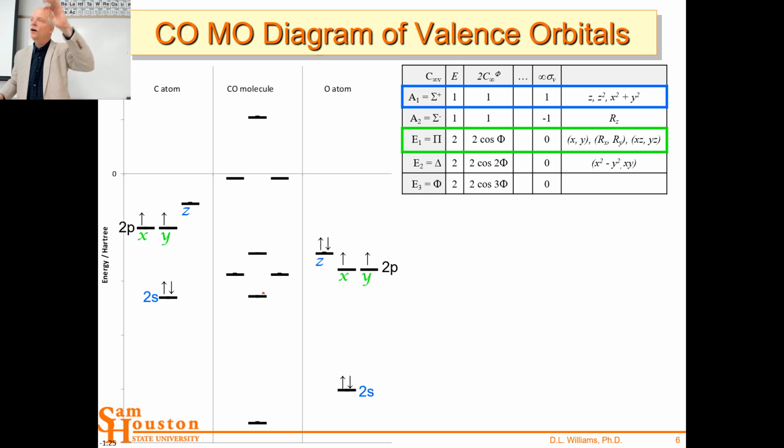Those are all of your blue orbitals, your A1 orbitals, and they're singly degenerate. The lowest one's going to have 0 nodes, then 1 node, then 2 nodes, then 3 nodes. Okay, so that's pretty straightforward.